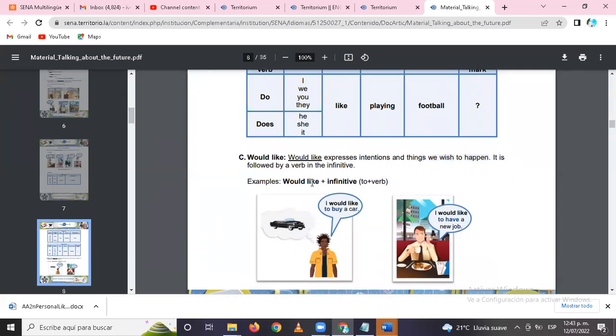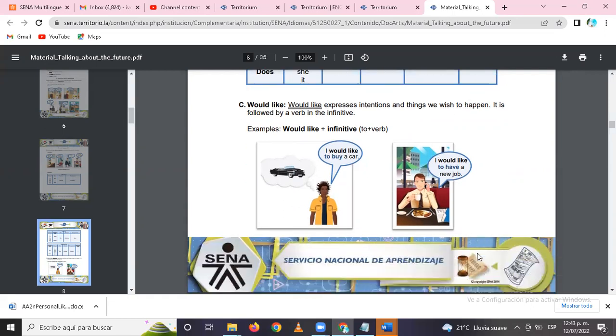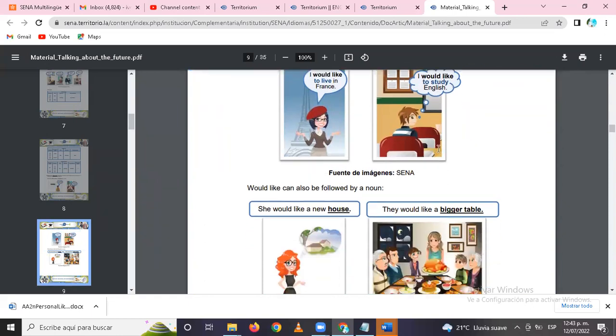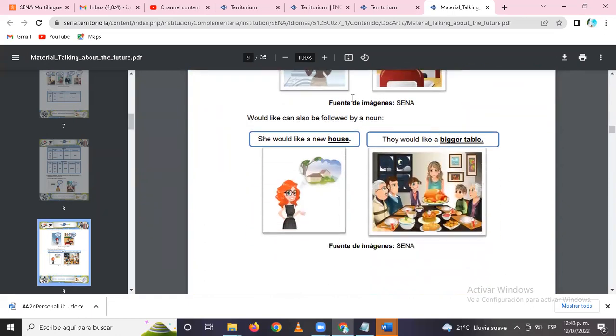And we use would like plus infinitive. I would like to buy a car. I would like to have a new job. I would like to live in France. I would like to study English. She would like a new house. They would like a bigger table.